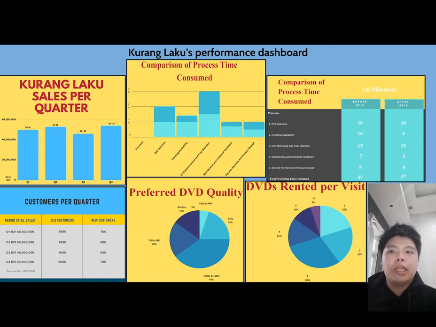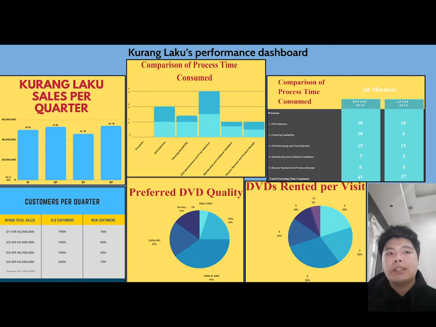And then the next one that we are going to discuss is the comparison of process time consumed, as we can see on the bar graph on the screen. This is very important because we chose RFIDs as our main solution, and the main solution would give an advantage in the timing of our processes.